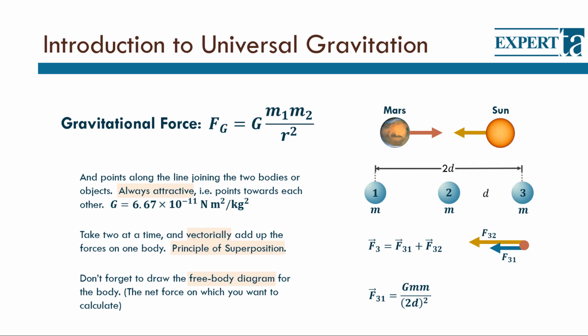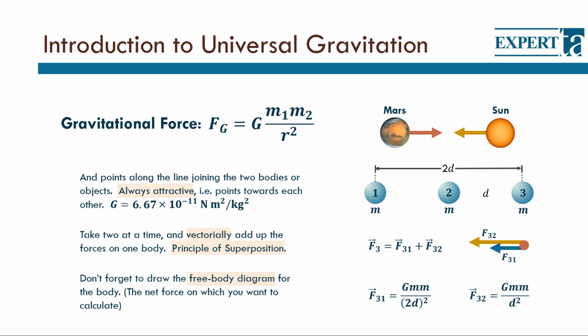That is wrong. It's 2d, all of it squared. That's the distance squared. And F32 is G, the masses are the same, M and M, divided by the distance d squared.